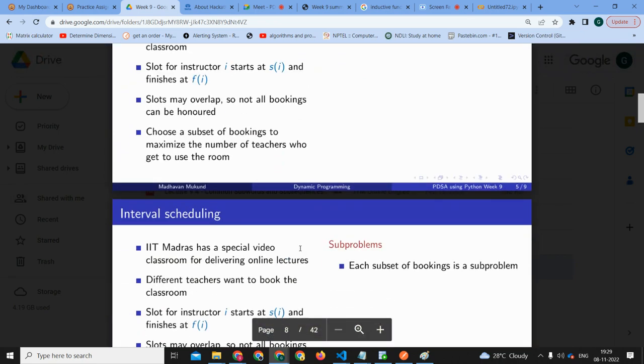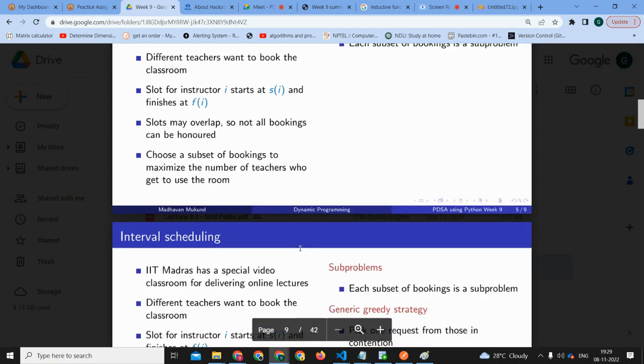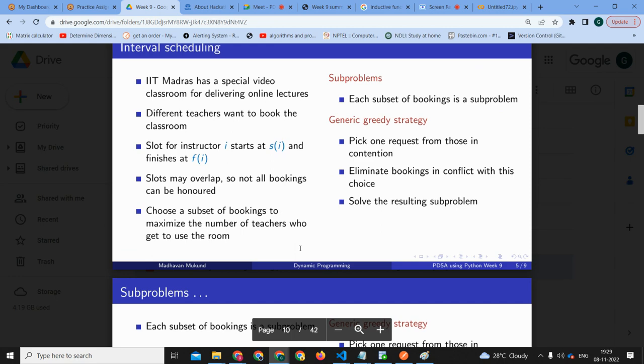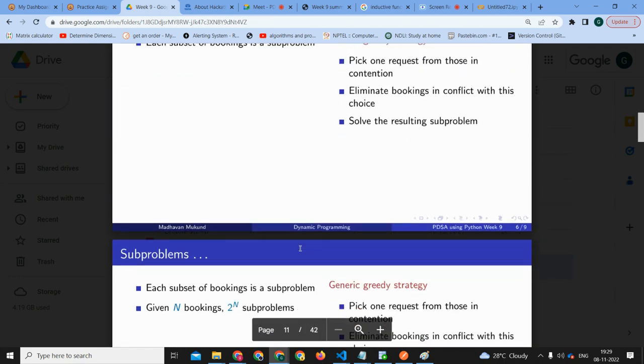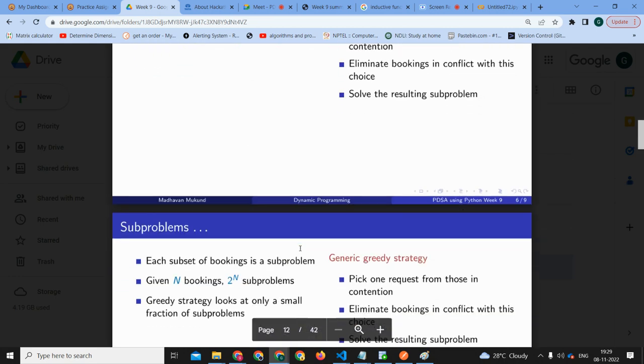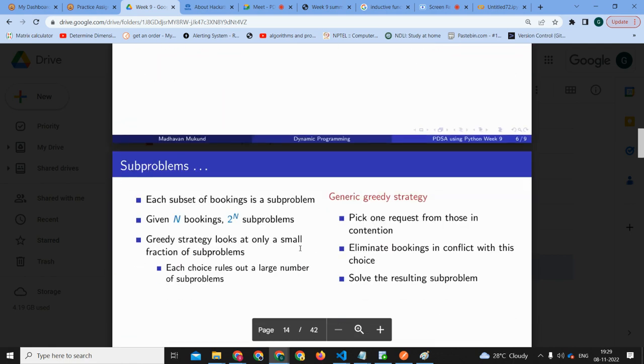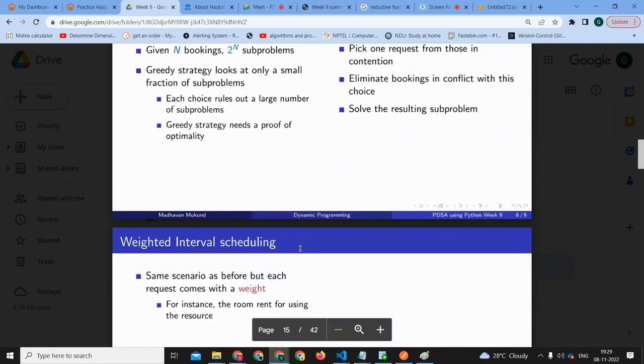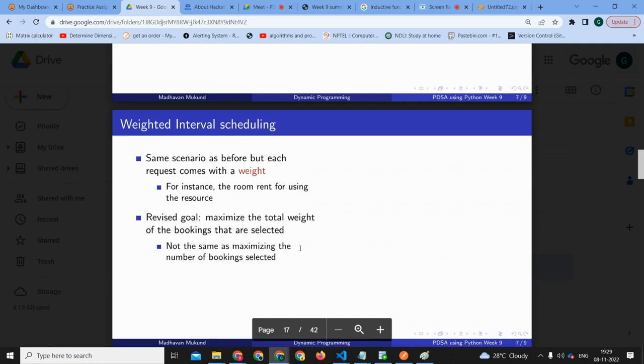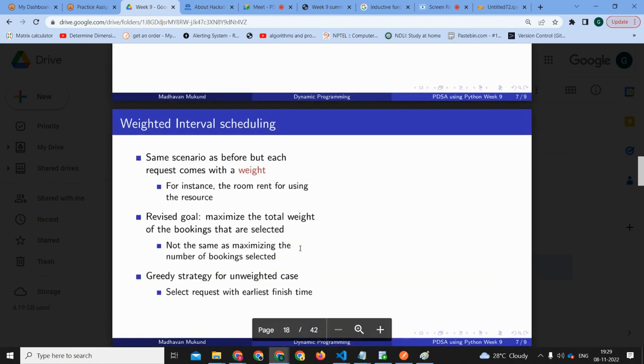Interval scheduling. These are all sub problems.